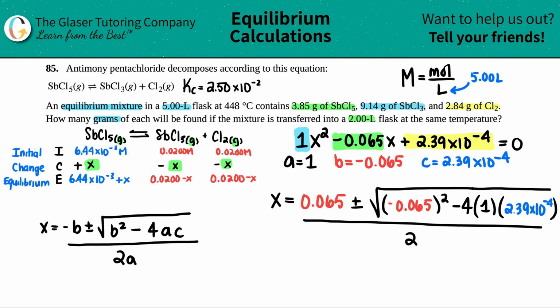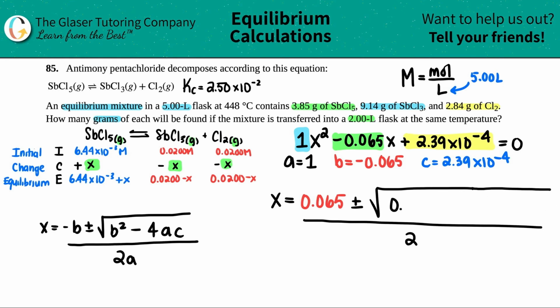So that's what I'm going to do. So I'm going to say 0.065 squared. Remember, a negative times a negative is a positive. So it doesn't really matter that this is a negative value. We're going to get a positive out anyway. Minus 4 times 2.39 times 10 to the negative 4th. Okay. So I'm not going to round, but I am going to get rid of all this.